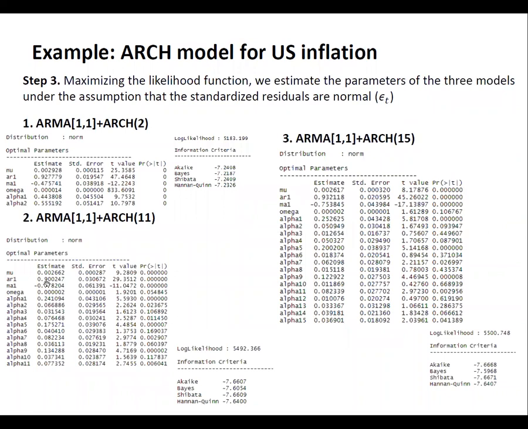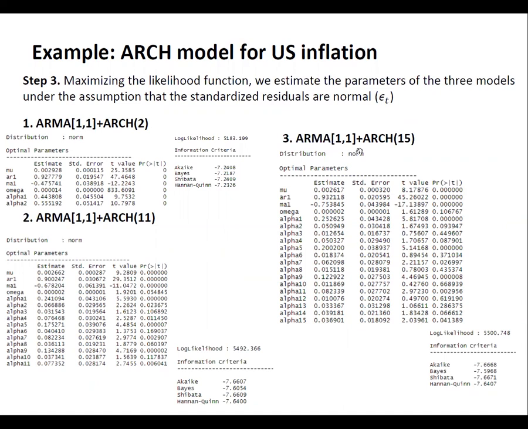That is, the estimation of the parameters had shifted a little. Please pay attention to this. The addition of the ARCH effect affects the estimates of the parameters of the ARMA model.